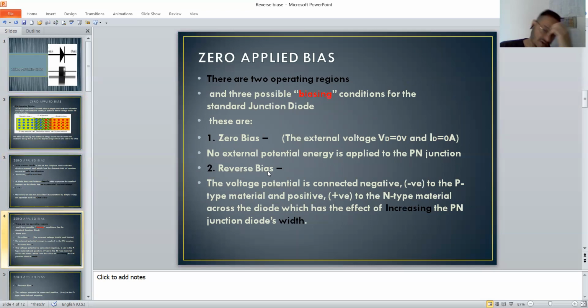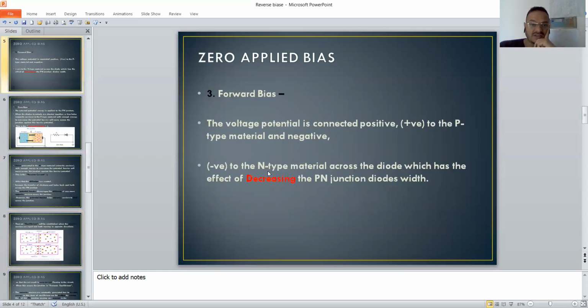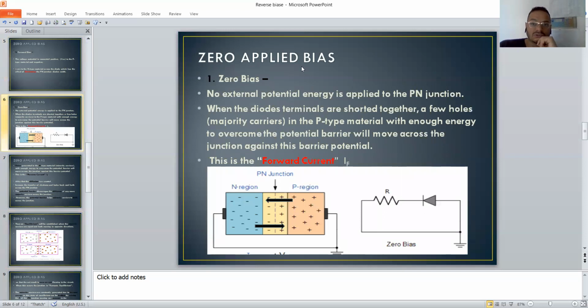And reverse bias, we explained it in the last lectures. The last one is forward bias, and we will see in the next lecture how we deal with the decrease in the PN junction diode depletion. Here we will explain the zero bias.